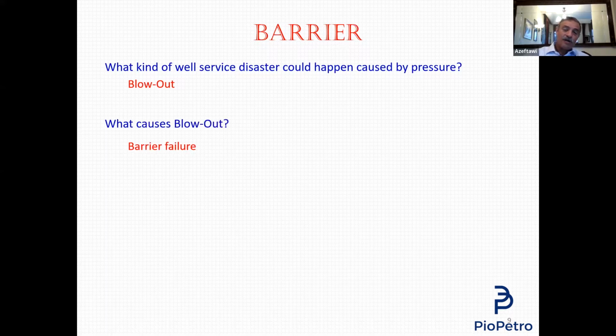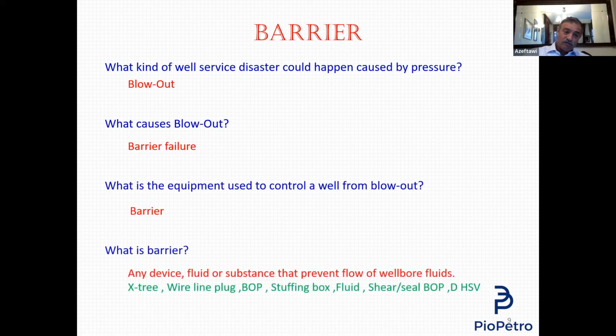What causes a blowout in any oil field? It is barrier failure. The barrier you are using failed to do its job. What's the definition of a barrier? We say it's any device, fluid or substance that prevents the flow of wellbore fluids. In this statement, there is one word I don't like, which is the word fluid.